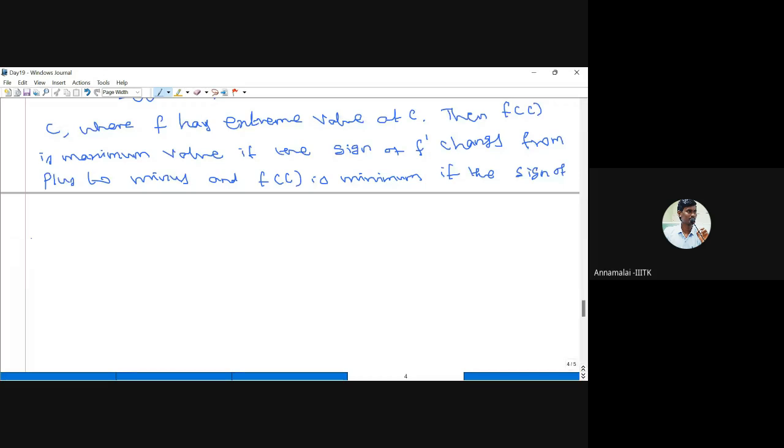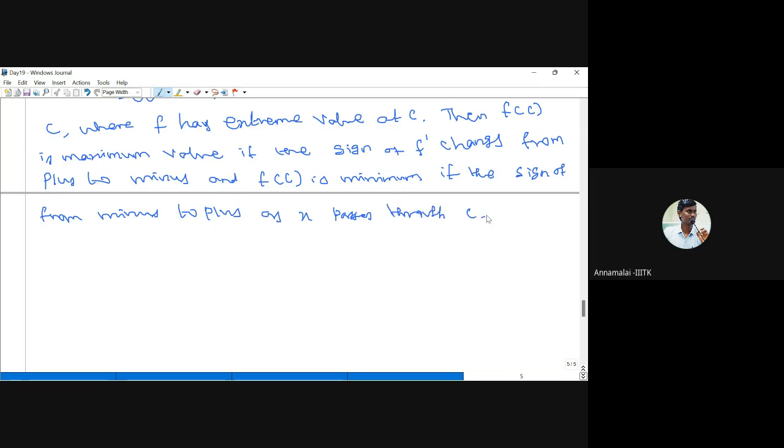Sorry, changes from minus to plus, as x passes through c.